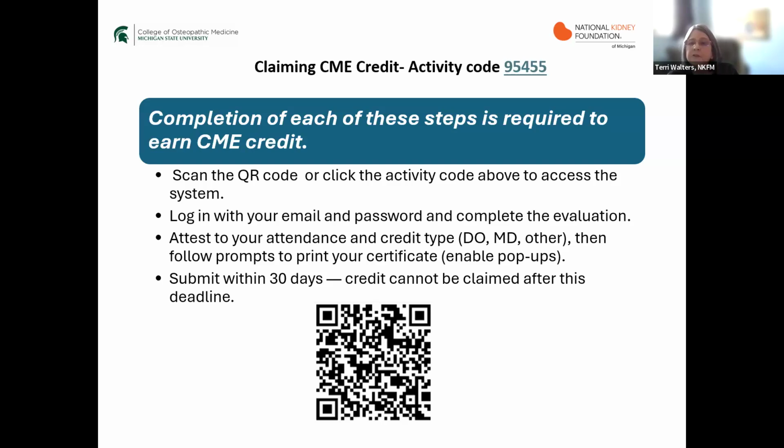Make sure that you have enabled your pop-ups, and that after 30 days, the credit can't be claimed anymore. One other quick caveat is that in about a month from now, you'll receive another survey from me. It's just the follow-up. If you could take a few minutes to fill that out, it's helpful for us to continue to do this and do it better, and use the suggestions that anyone gives us to improve what we're educating people on.